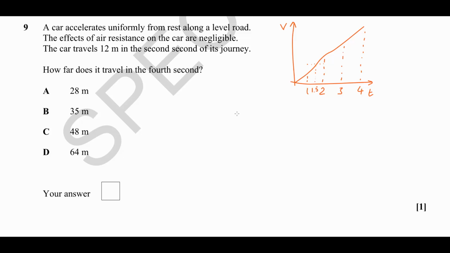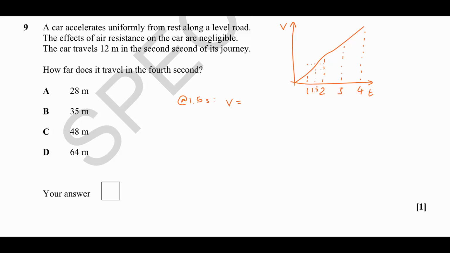that the instantaneous speed at 1.5 seconds, v, is equal to the distance travelled in that second.